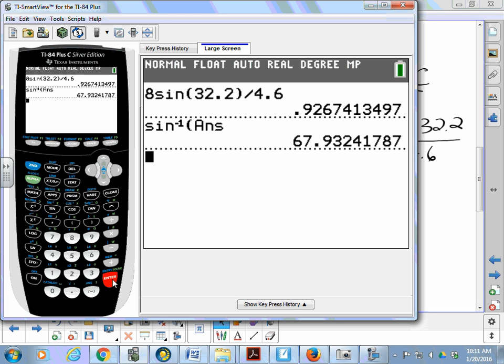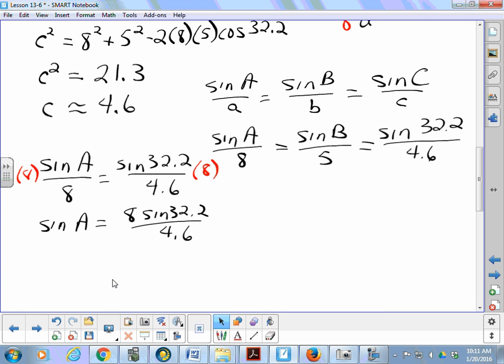And we get 67.9 degrees. So A is approximately 67.9 degrees.